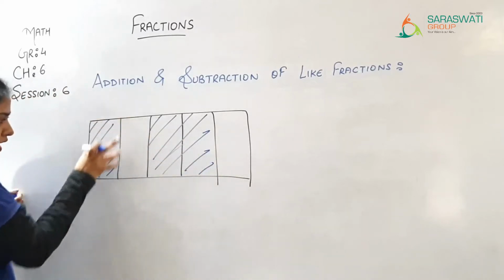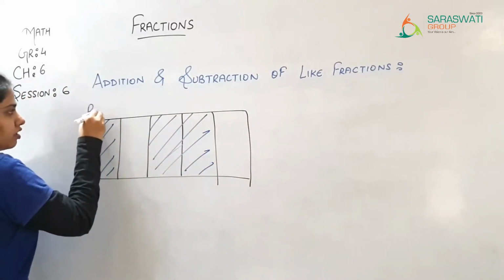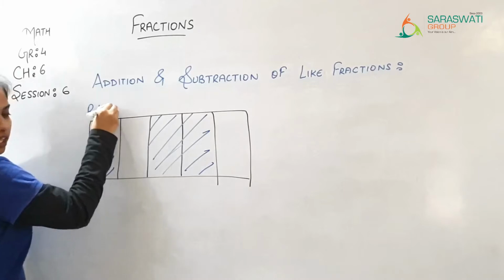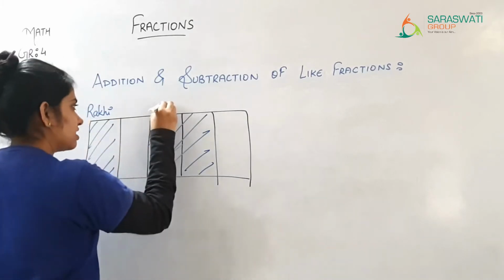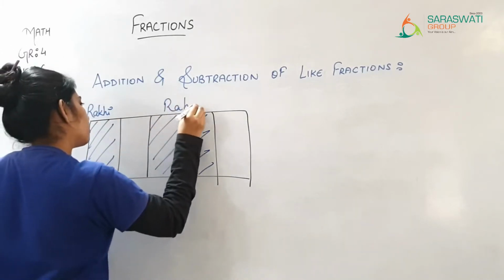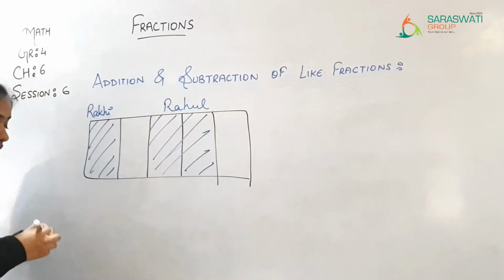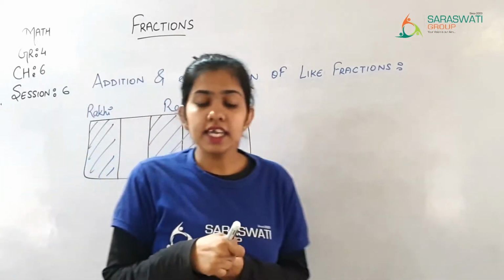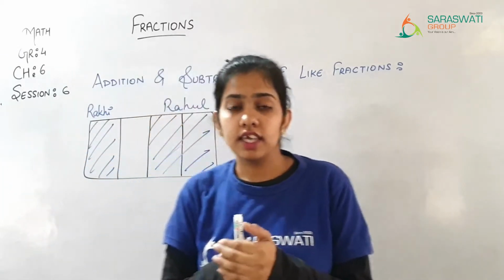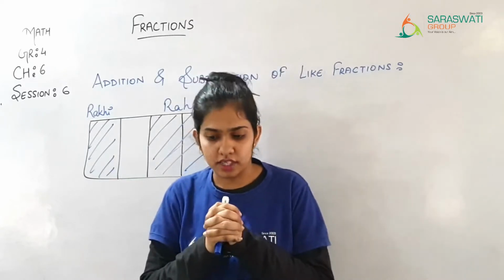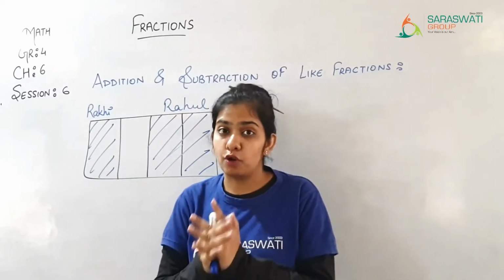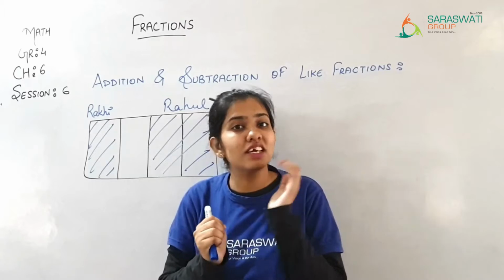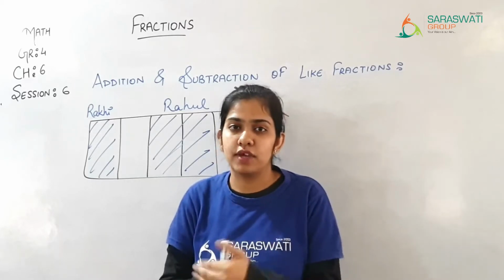So this part is of Rakhi and this part is of Rahul. So Rakhi and Rahul are working together कि वो दोनों लोग एक साथ में काम करते हैं on a mathematics project. एक mathematics का उसका math का एक project है, उसमें वो दोनों साथ में काम कर रहे हैं.